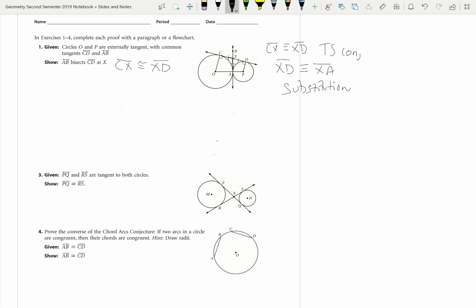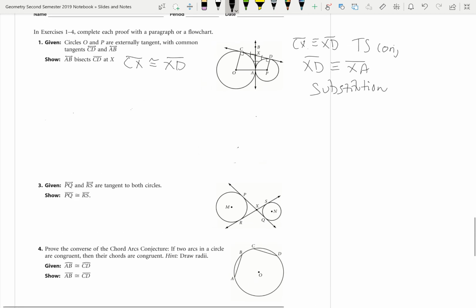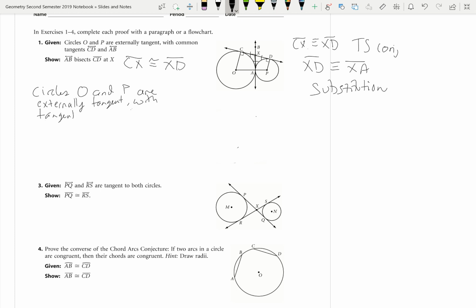So let's go ahead and write a proof then. Okay, so we're given circles O and P are externally tangent with tangents CD and AB.